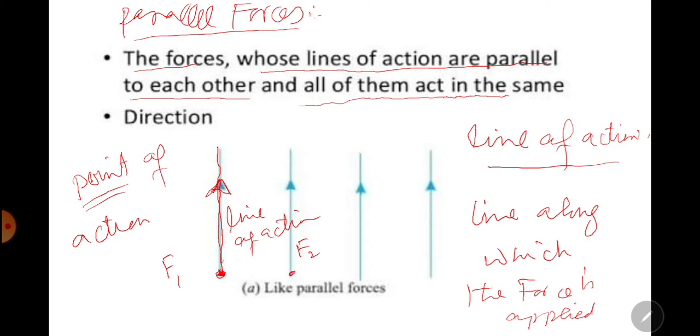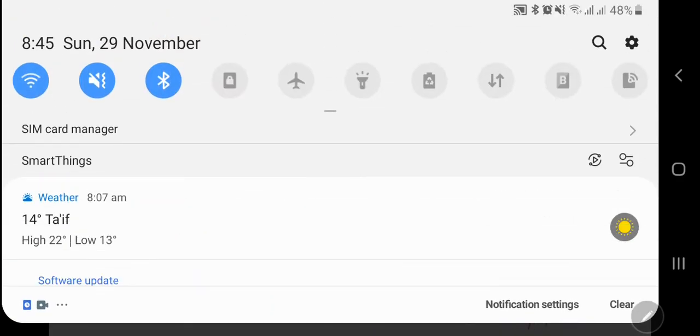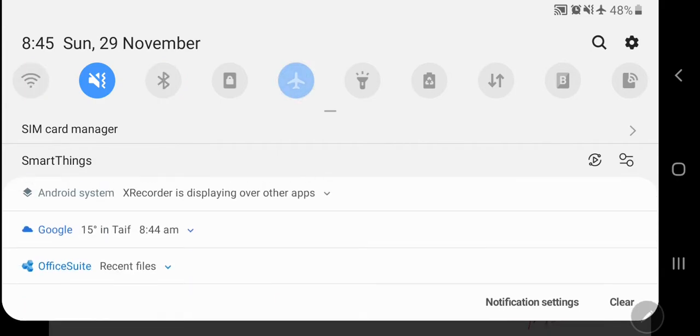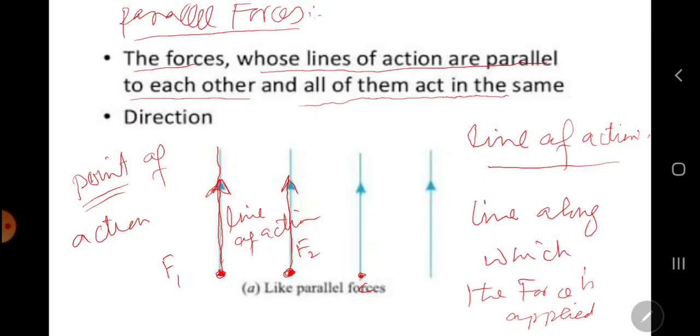If two forces are acting at this point, this point is called the point of action, and this is called the line of action of F2. If F3 is acting at point C, this point C is called the point of action, and this is the line of action of force F3.